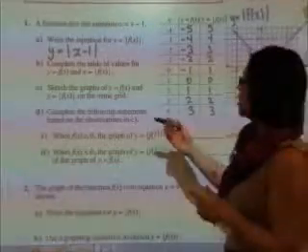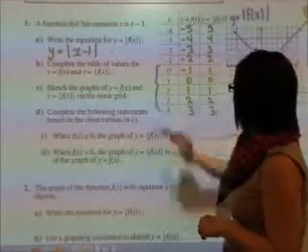So it says complete the following statements based on the observations of these two graphs. When f of x is greater than or equal to 0, that's this part.